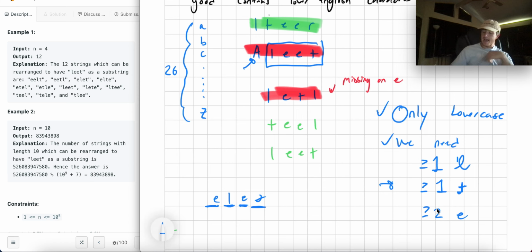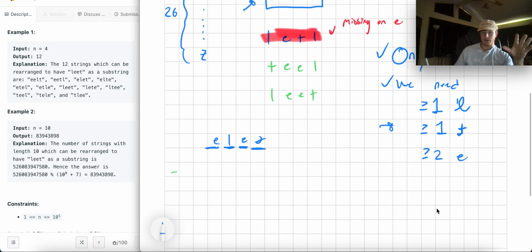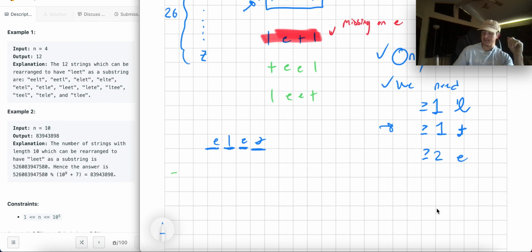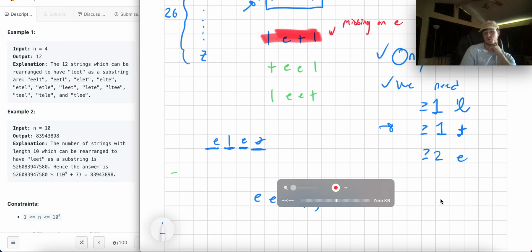If I have all lowercase and I have an E and an E and a T and an F and a G, or a lowercase f and a G and an H and an E and a T, this doesn't work. Why? Because I need all these conditions to be true, so if any one of these conditions is not true, it doesn't work.